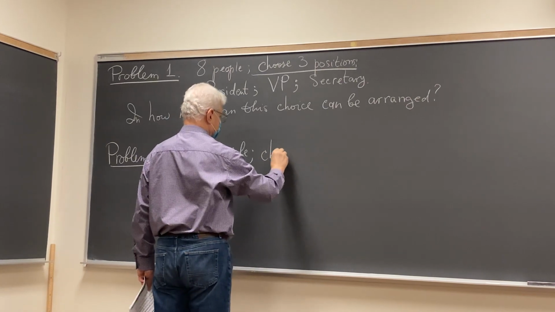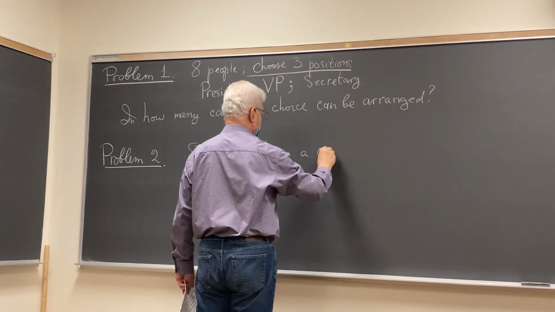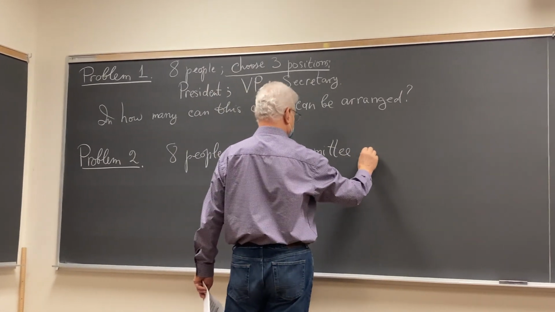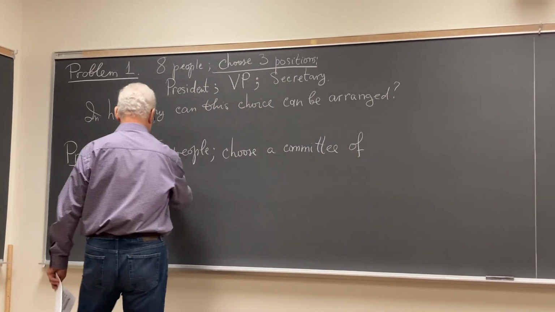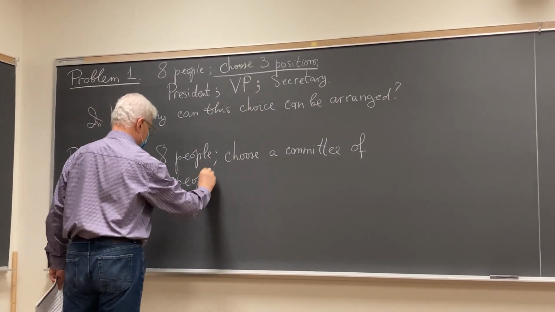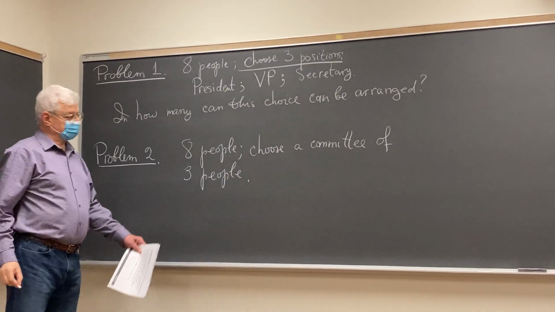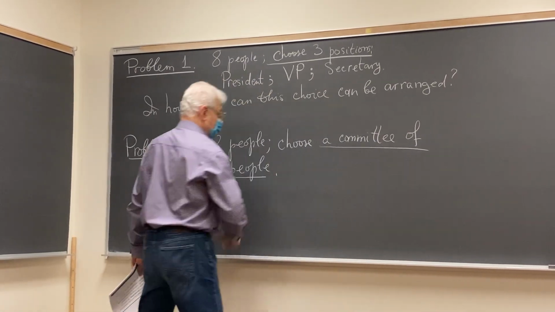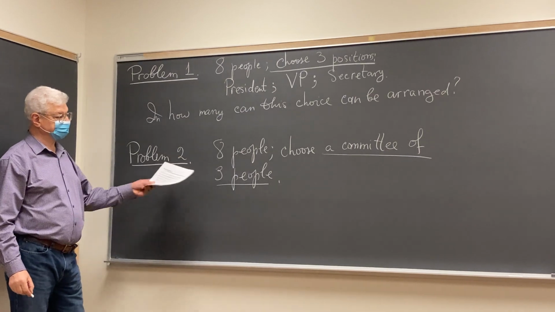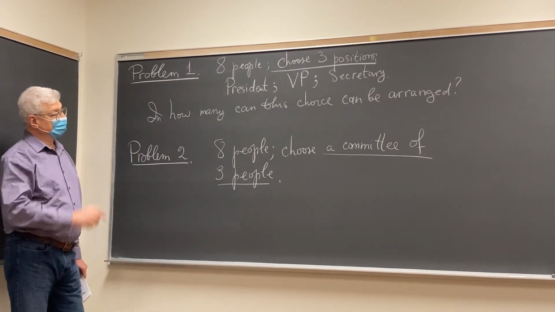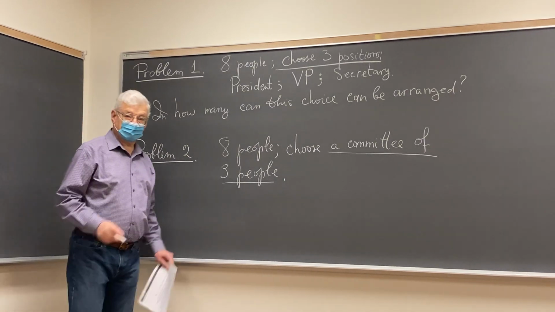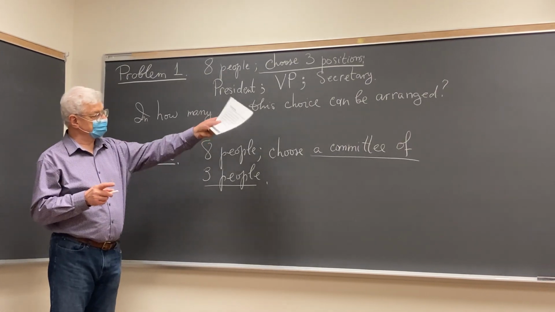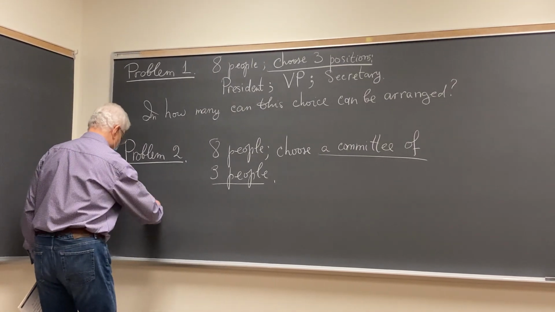They choose a committee of 3 people. And once this committee is chosen, then inside this committee, the 3 people will figure out who is president, who is vice president, who is secretary. And the question is the same: how many ways?